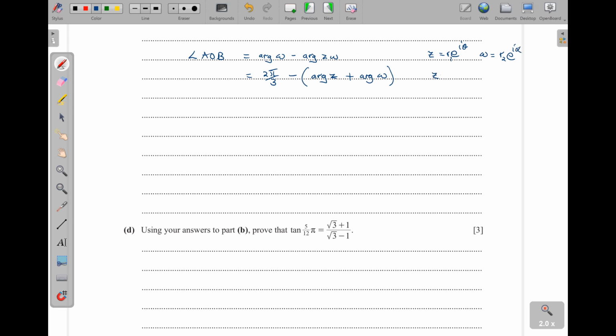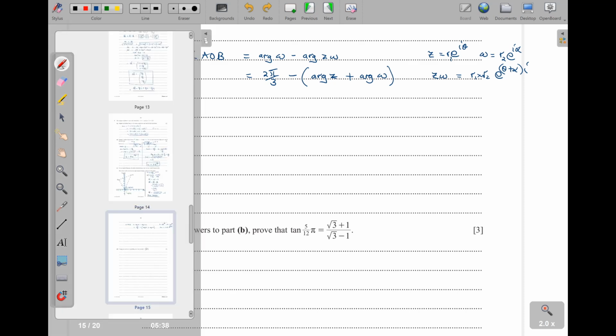So when I say omega times Z, I'll have r1 multiplied with r2, then using indices, the powers will be added. So you get theta plus alpha, then i. Do you see that the arguments are being added here? So that's why I've added them here.